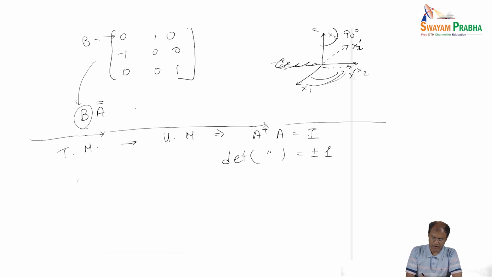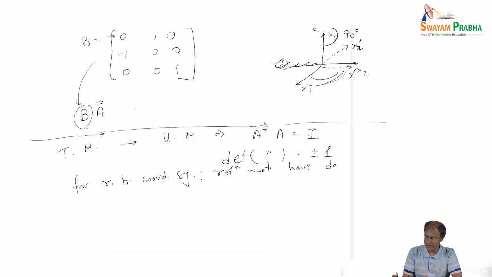And for a right-handed coordinate system, the rotation matrices have determinant 1. We take the positive sign.